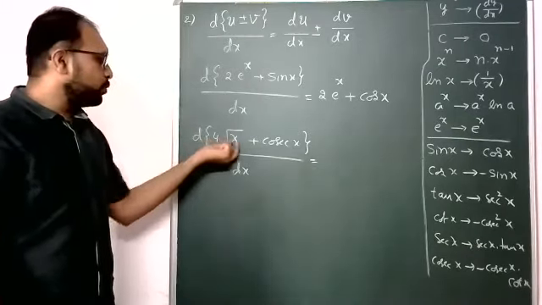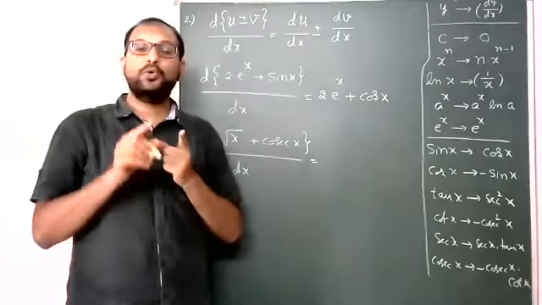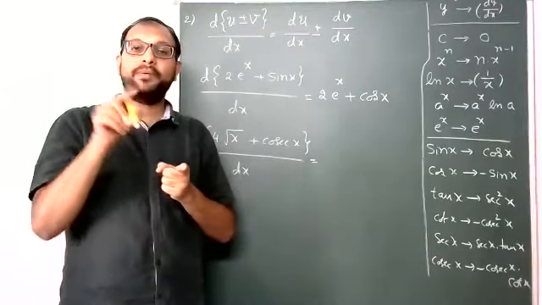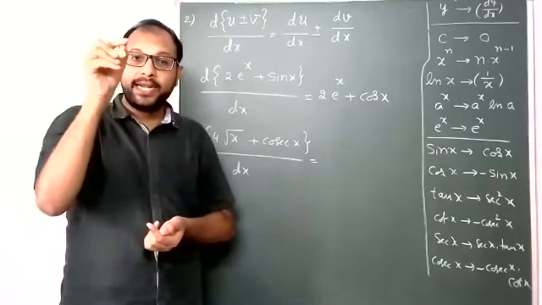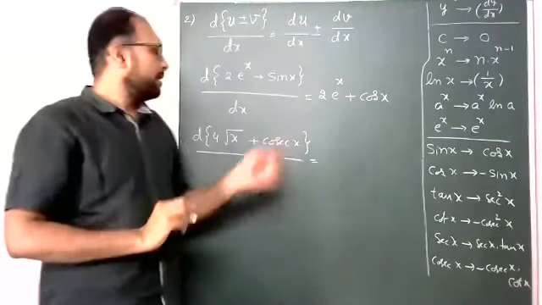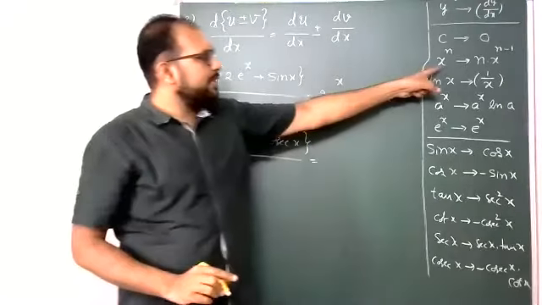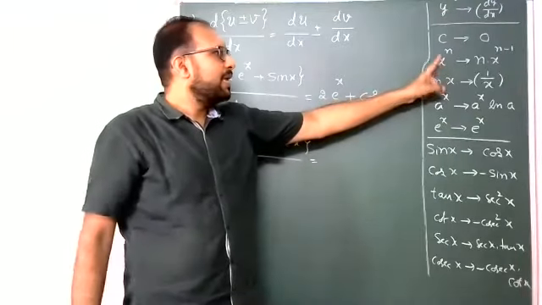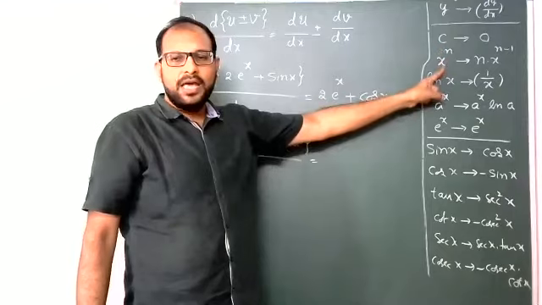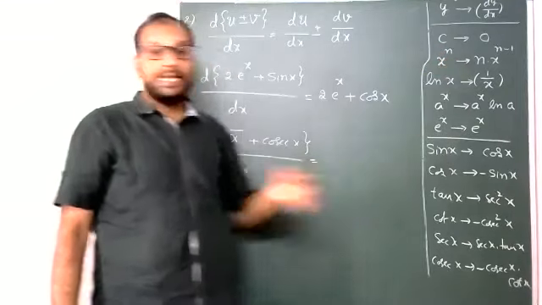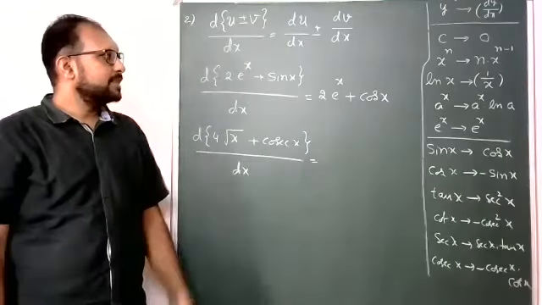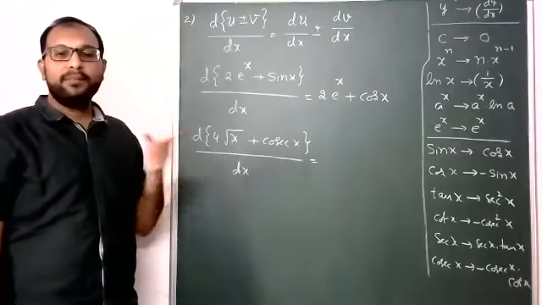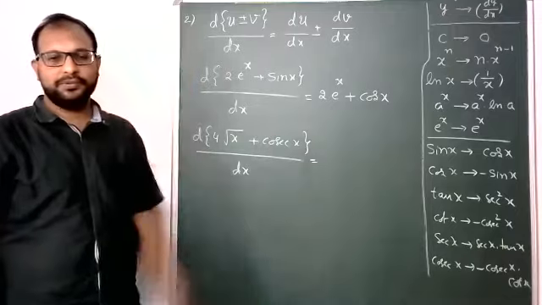Now 4 root x. Root x we can write as x to the power of 1 by 2. This formula is valid: the derivative of x to the power of n is n into x to the power of n minus 1. So n is 1 by 2, and now I am going to substitute.